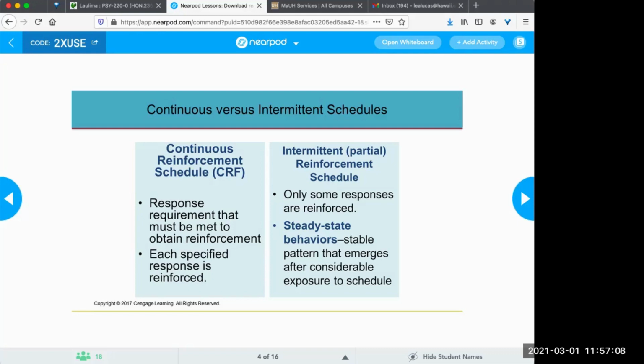So an intermittent or partial reinforcement schedule tends to keep rewards from becoming boring, less rewarding, less reinforcing. So it's always important to remember what's rewarding for the person that you're trying to increase their behavior with.